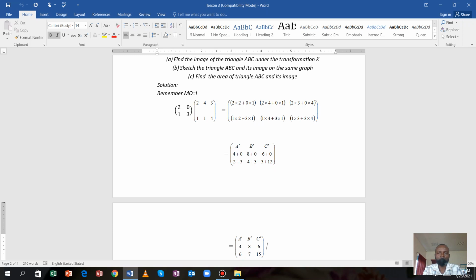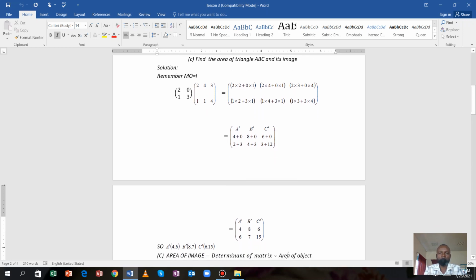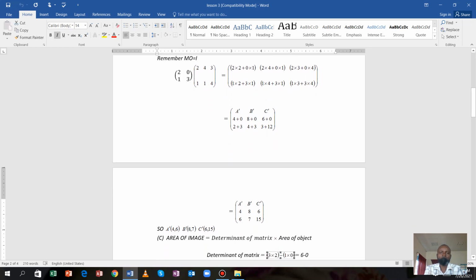I'm basing on the upper matrix, which is a bit large with so many multiplications and additions. Then at the end of it, if you add 4 plus 0, you get a 4, that's A, 6 down. For B prime, you get 8, then down you get 7.